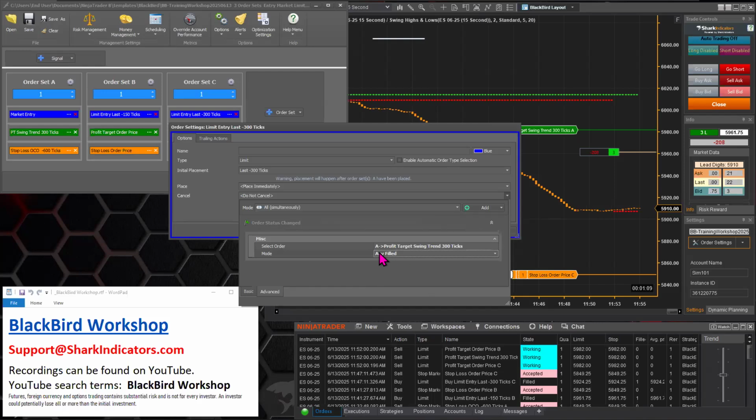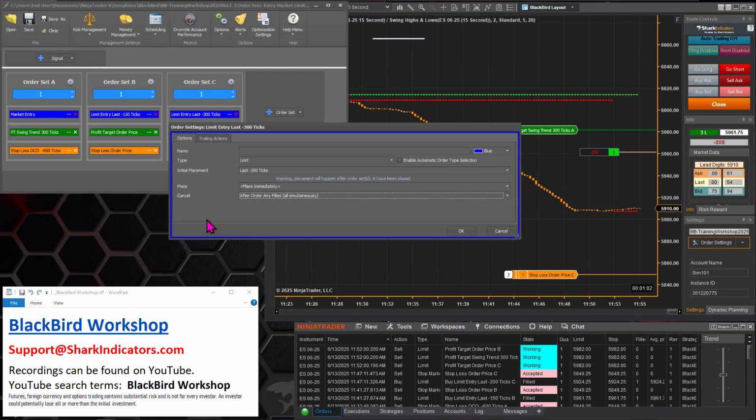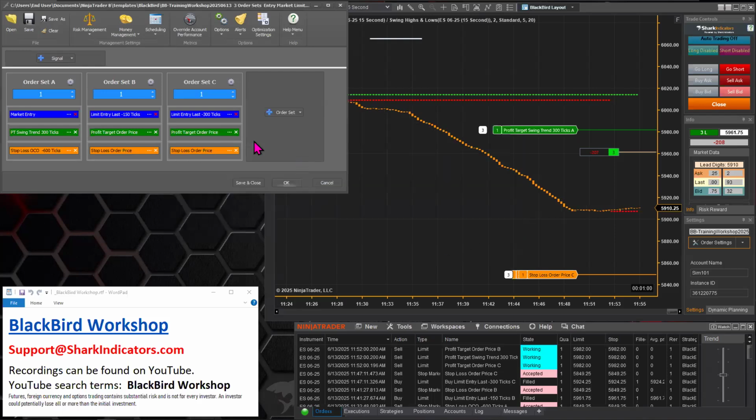Which is probably a good thing to use, any filled, especially when you're working with a multi-contract system here, right? So if we're working with 6 contracts on all this, right? Yeah.